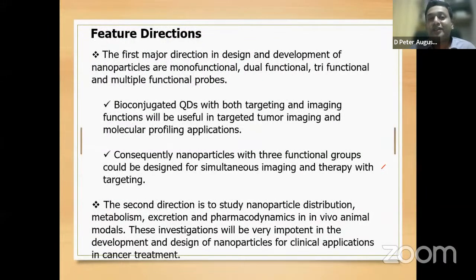Okay. The future direction, the first one, is development of nanoparticles as monofunctional, dual functional, trifunctional, multiple functional probes. Just imagine the situation: when you take the PET scan, the radiologist finds that the patient has some cancer.